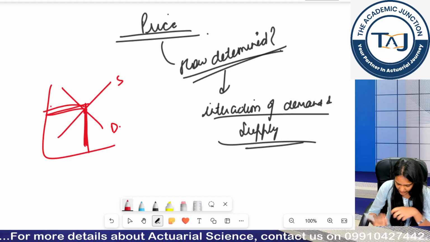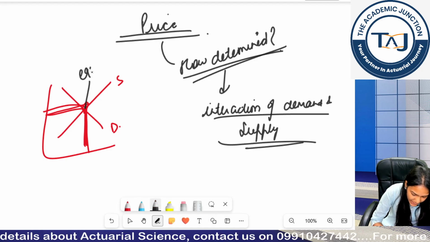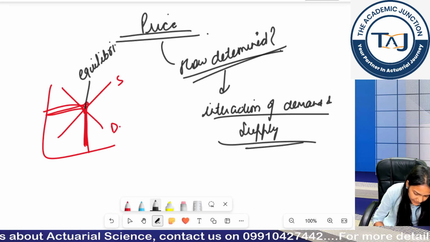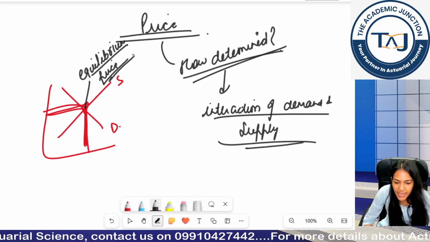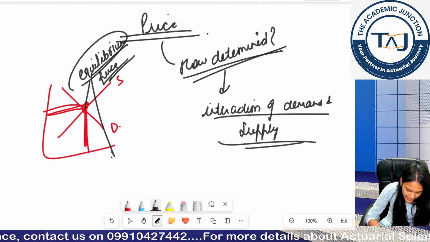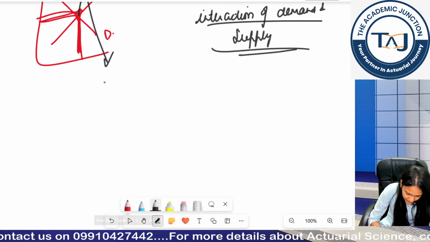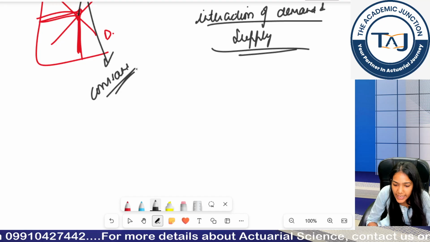Okay, now when I am talking about this price, this is basically my equilibrium price. What is equilibrium? Equilibrium is constant. Okay, I am willing to stay at this level.